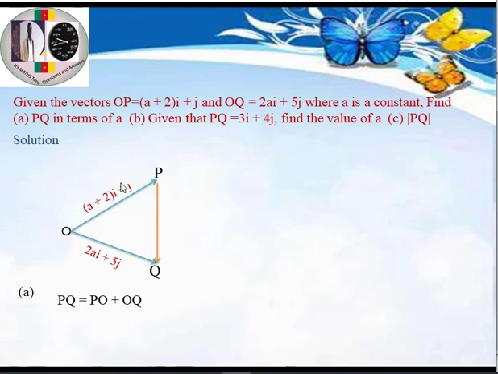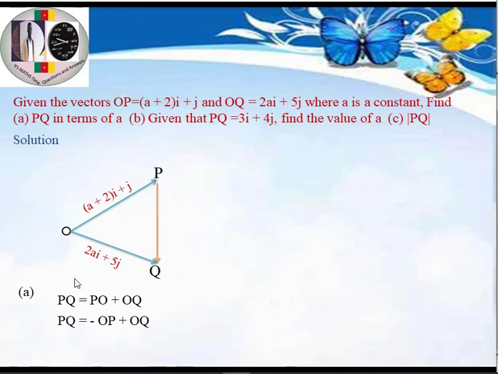So the vector PQ is equal to negative OP plus OQ. We put minus OP here because instead of walking from O to P again, we are walking from P to O. So in the case where we walk back, we get a minus sign here.